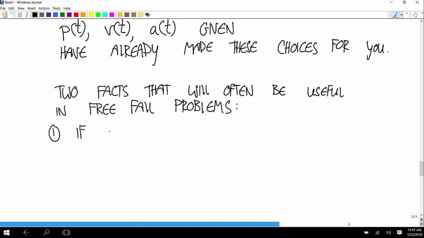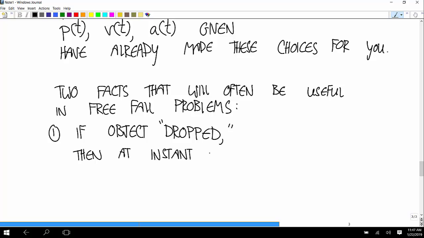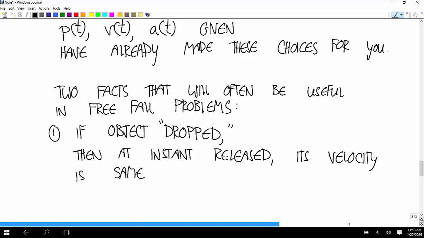If an object is dropped, then at the instant it's released, its velocity is the same as the velocity of what it's dropped from.